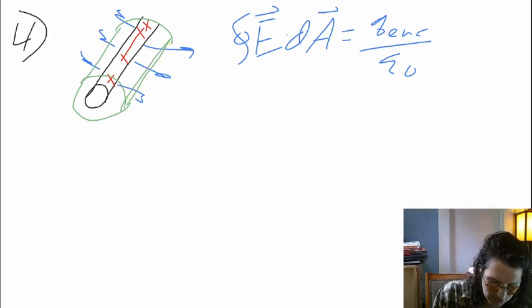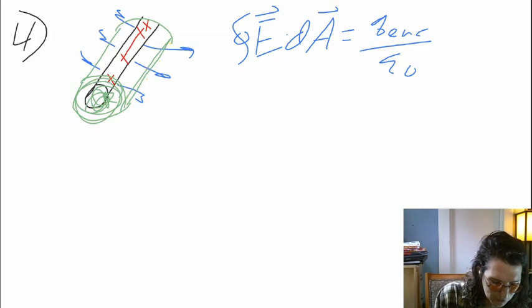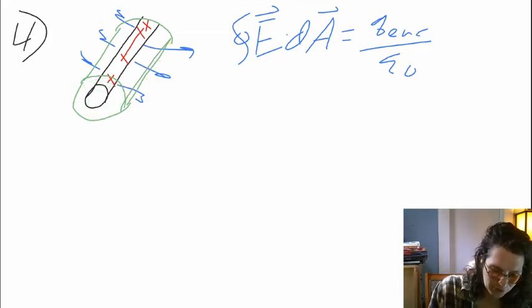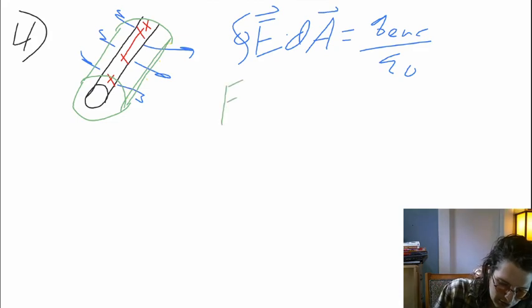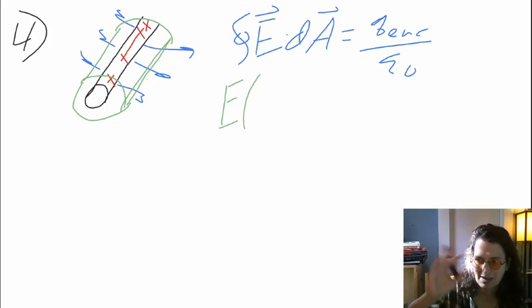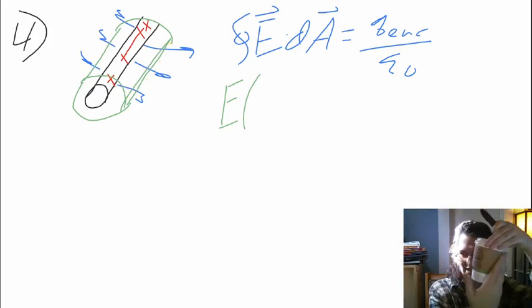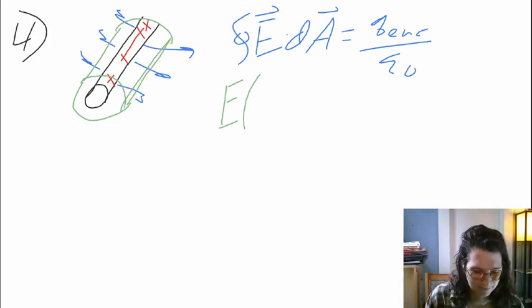The circular faces are perpendicular to the charged rod, so no electric field will exit through them, because the electric field only goes outward, not forward or backward. So the total electric field will only go through the area wrapped around the outside of the cylinder. That area is 2 pi r times the length.